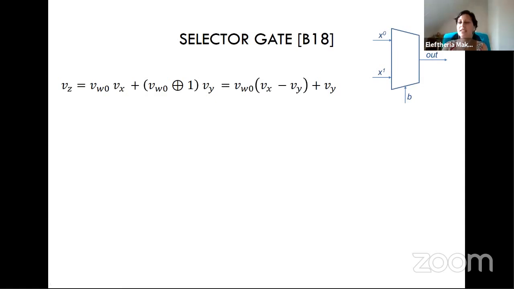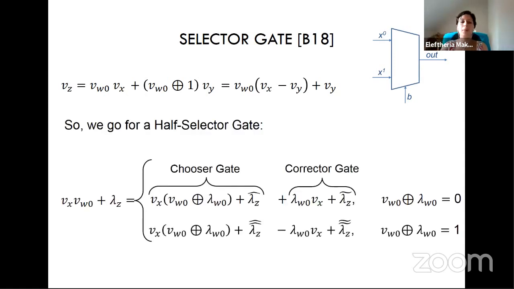A half selector gate is a selector gate that gets 1 FP input and 1 Boolean input, and it outputs either the FP input or 0 based on this Boolean bit. So if I consider this difference as my input, I can simply garble a half selector gate and I will get the same result because subtraction and addition are essentially for free.